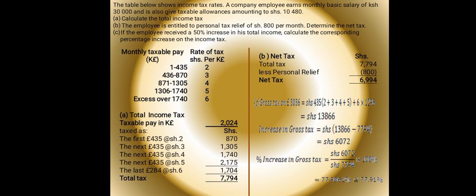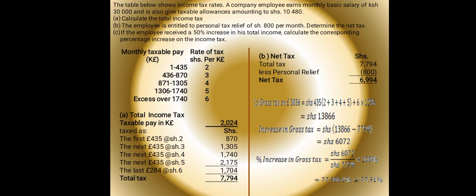Now, being taxed at the brackets of 435, that is at 2 shillings, 3 shillings, 4 shillings, and 5 shillings, and then the rest at 6 shillings, which is 129.